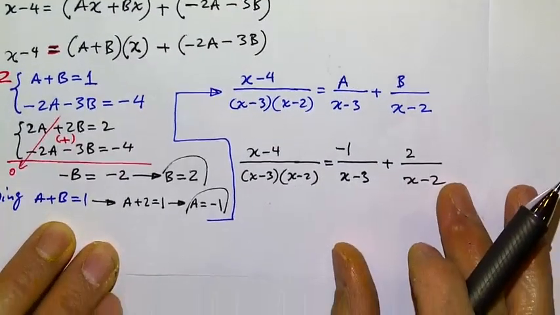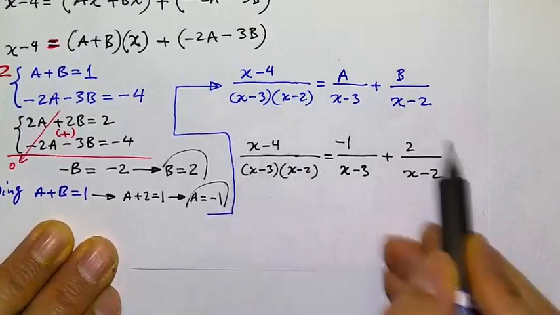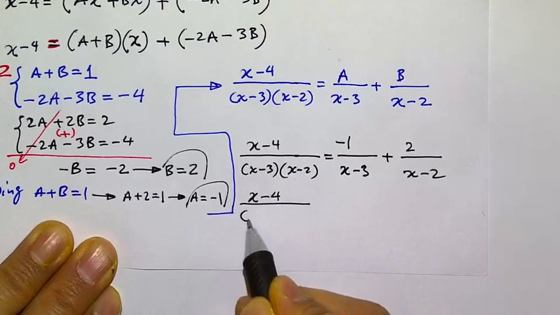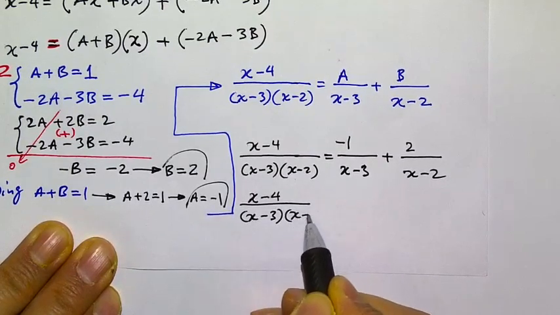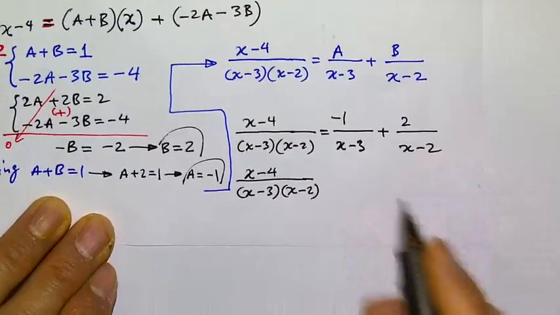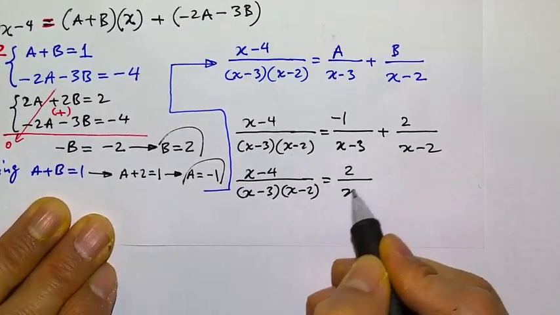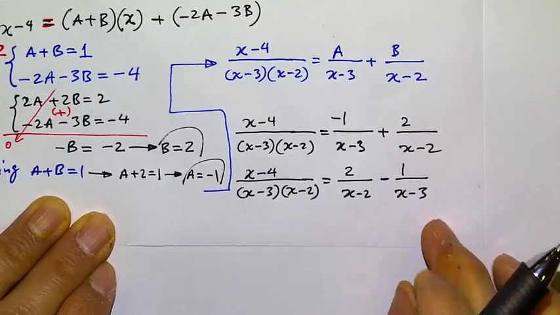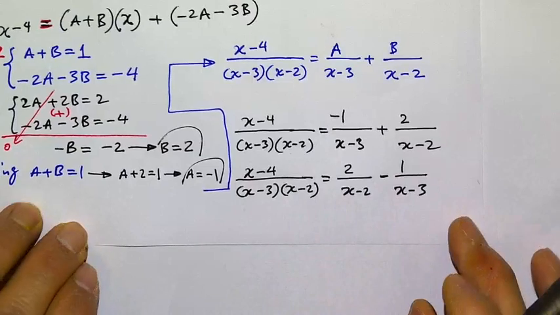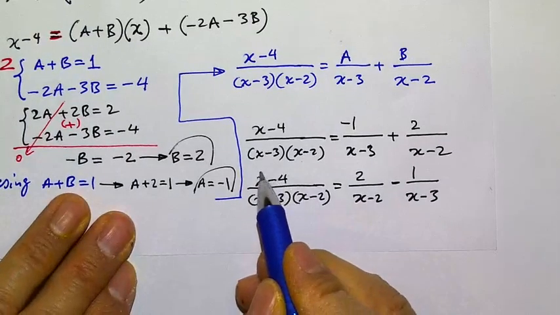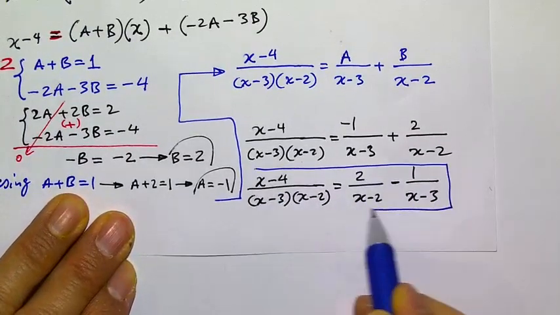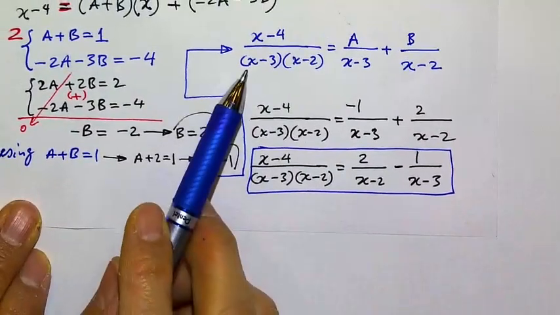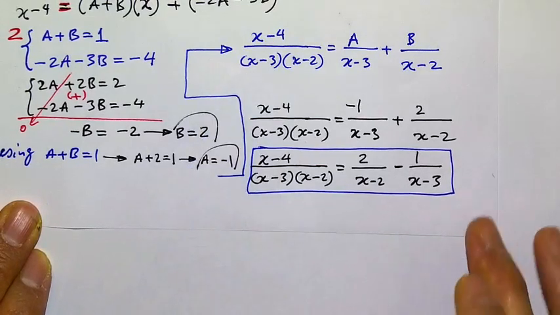So you can say this is my final answer, or you can continue and say x minus 4 over x minus 3 times x minus 2 is equal to 2 over x minus 2 minus 1 over x minus 3. That way this minus is in the middle. So this would be our final partial fraction decomposition of this expression, which is what we started with, right?